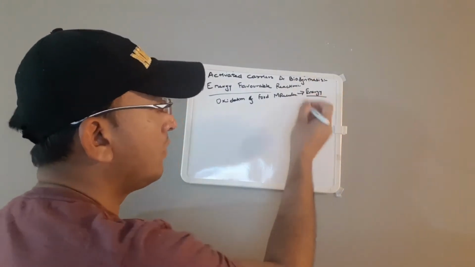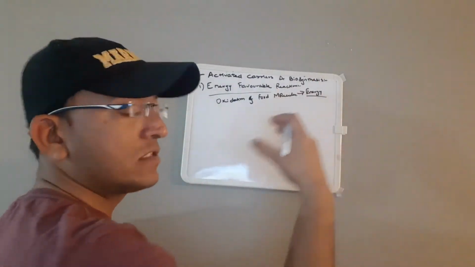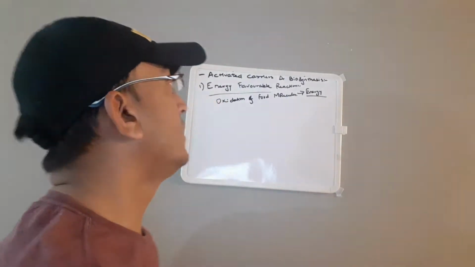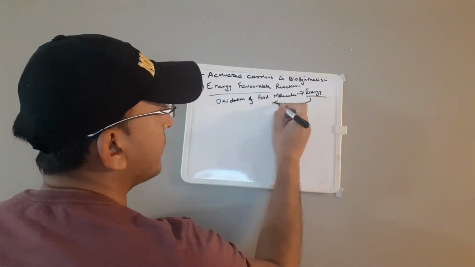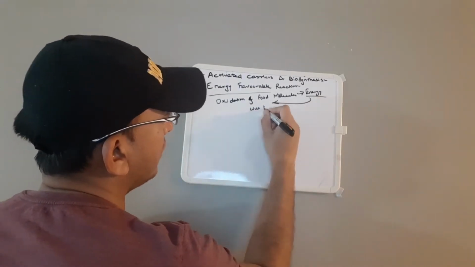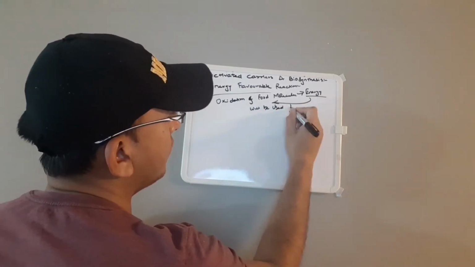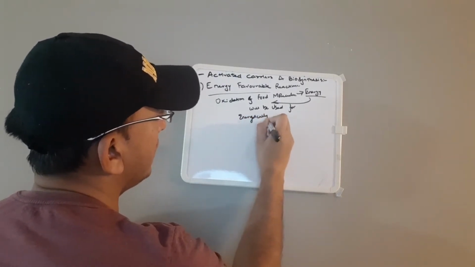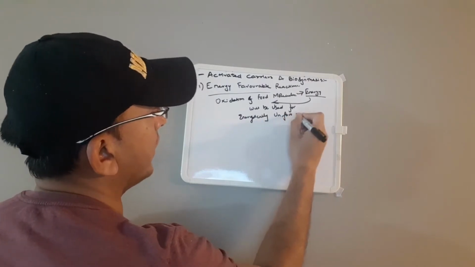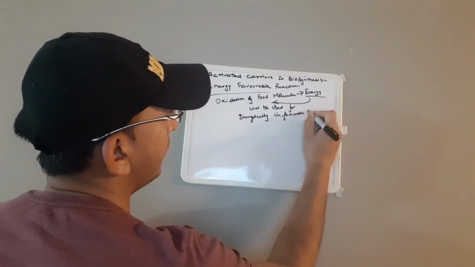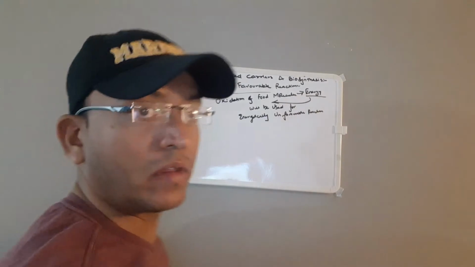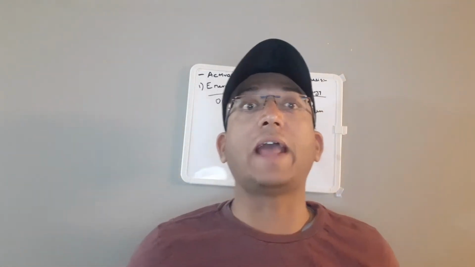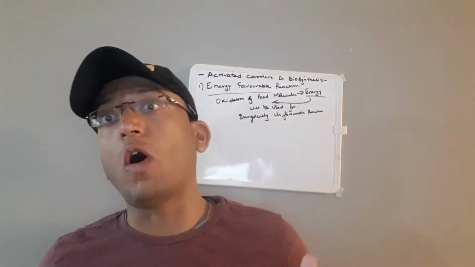The energy will first be stored temporarily in some part of the cell, and when the cell needs that energy, it will be used for energetically unfavorable reaction. So that will be used for the energetically unfavorable reaction, such as the synthesis of all the other molecules needed by the cell.